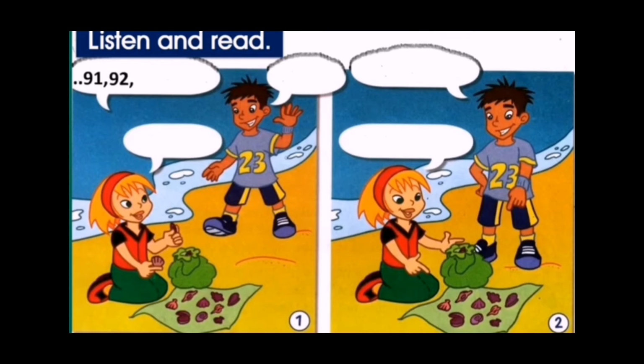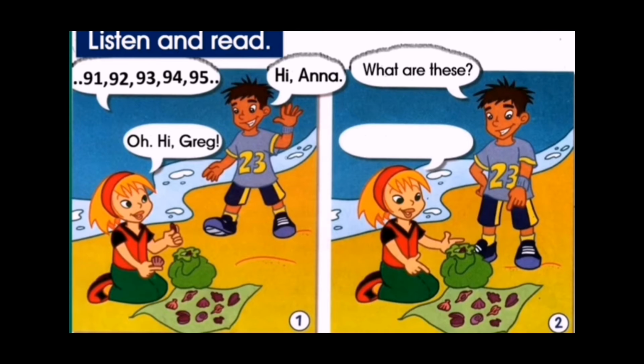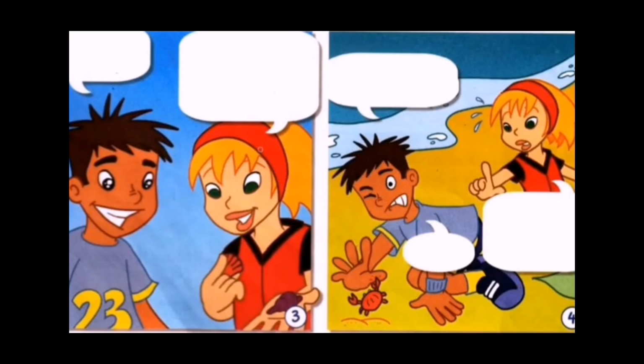91, 92, 93, 94, 95. Hi, Anna. Oh, hi, Greg. What are these? They're my shells. How many have you got?